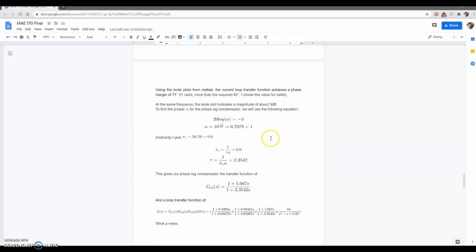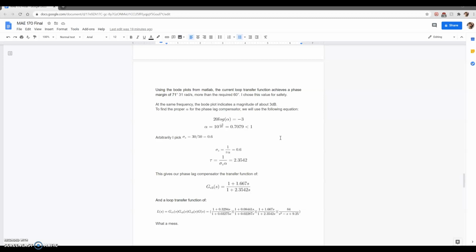And then for the next step in the design process, I chose 30, which is slightly less than the 31 radians per second at that desired crossover frequency, and divided by 50, so it's significantly to the left, so the phase drop does not impact the location of where I wanted the phase margin to be.